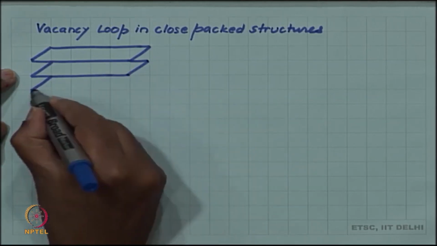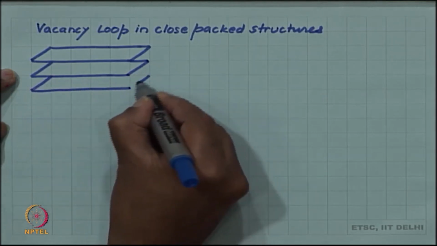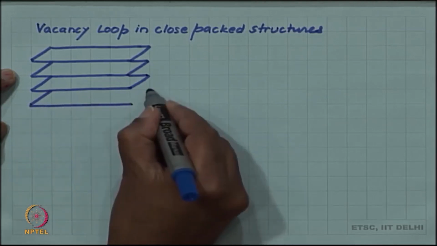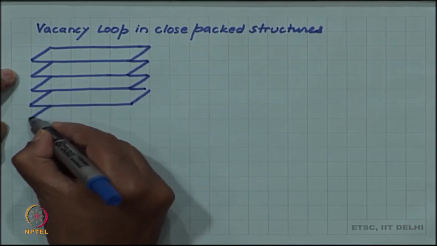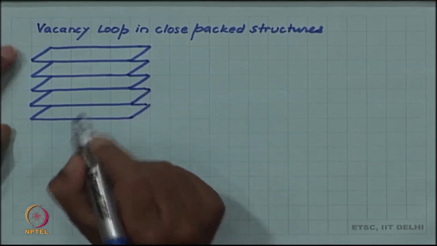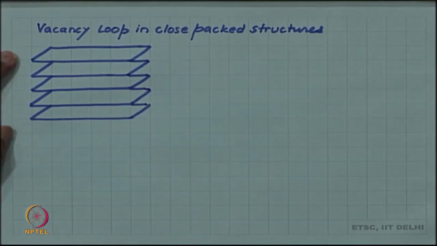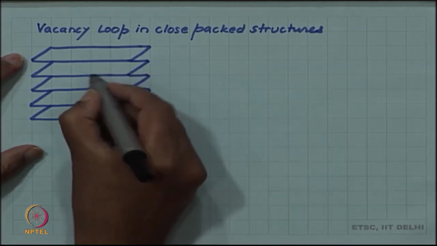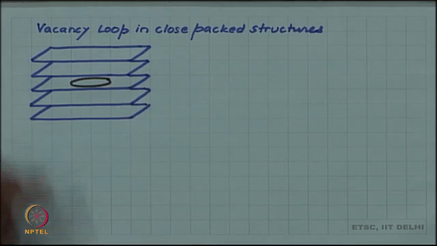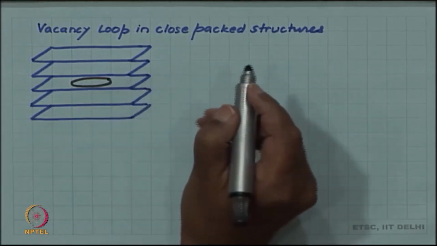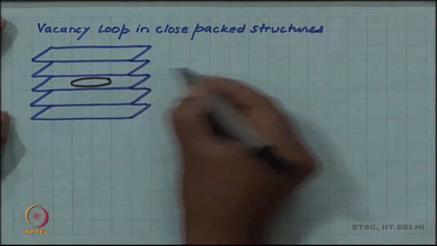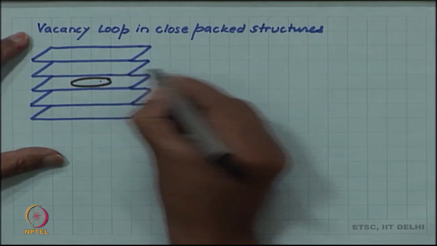I am drawing parallel close packed planes, let us say in a close packed structure, cubic close packed or hexagonal close packed. And in one of the planes, let us say that several vacancies condense, so that so many atoms are lost from this, and you have a hole there. So, in one of the planes a hole has been punched out.